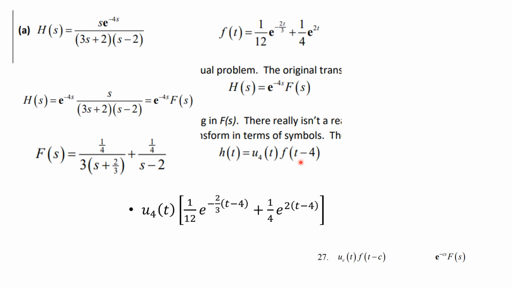And so you see the real answer to the problem then is h of t is equal to Heaviside step function sub 4 of t, and then this is going to be f of t minus 4. So you see I write f of t here, but I substitute t minus 4 instead of t.